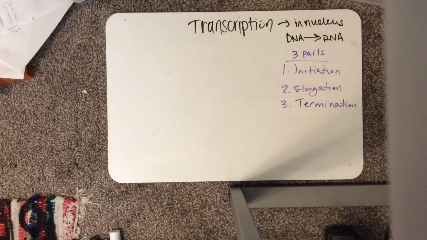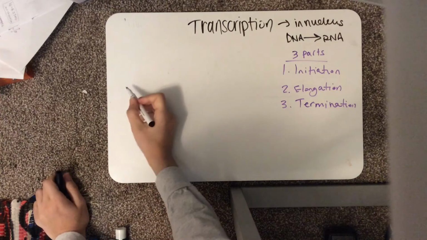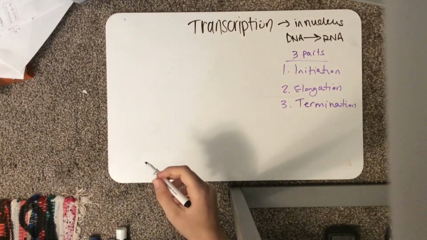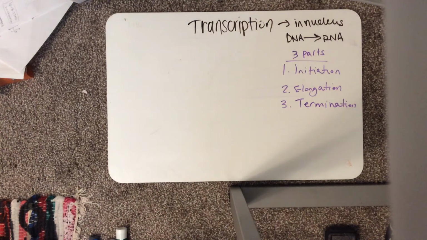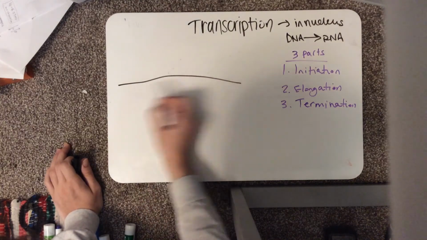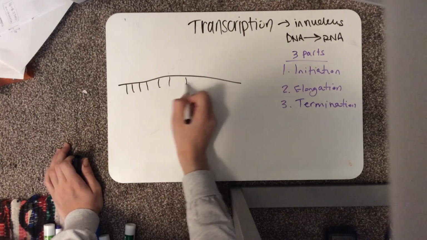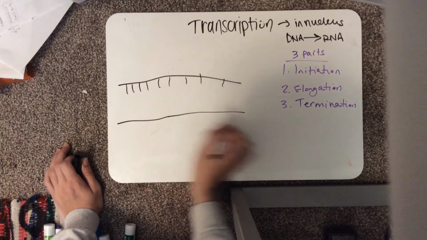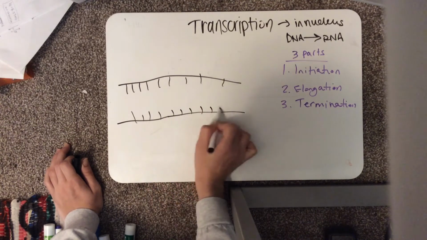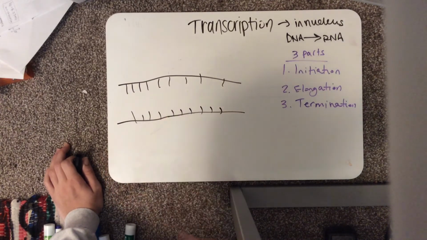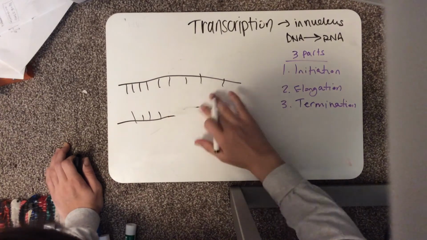So, in initiation, let's draw our DNA. Let's use black. If this is our DNA, we're going to have to do the same thing we did before, where we open up a replication bubble.